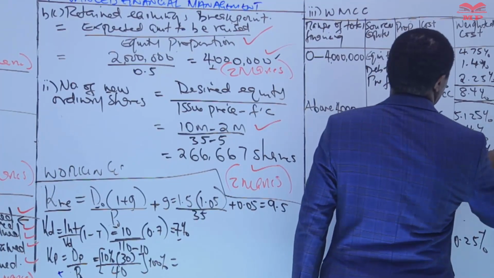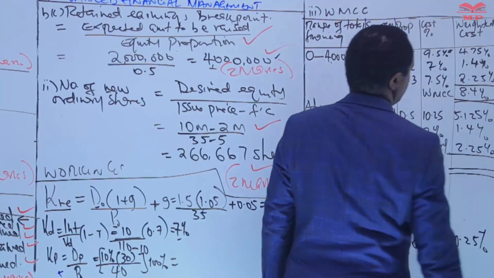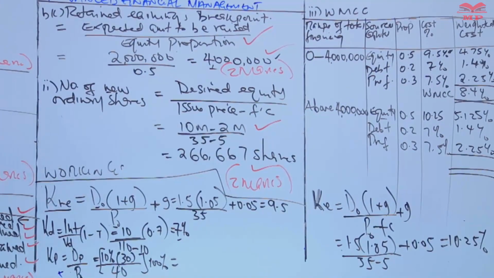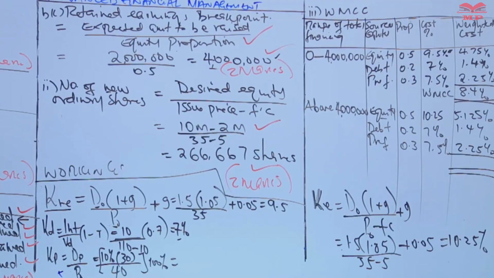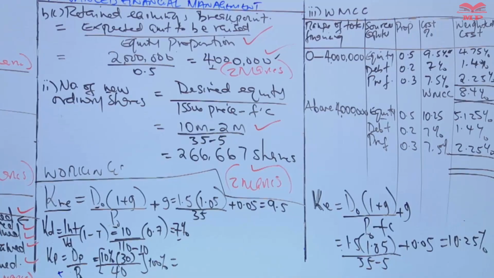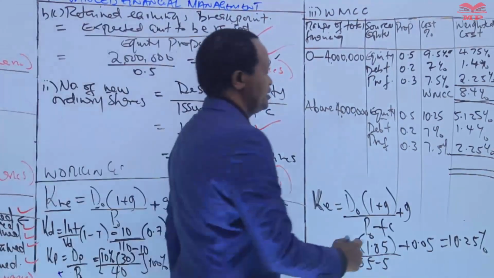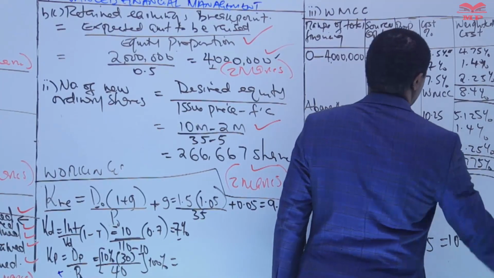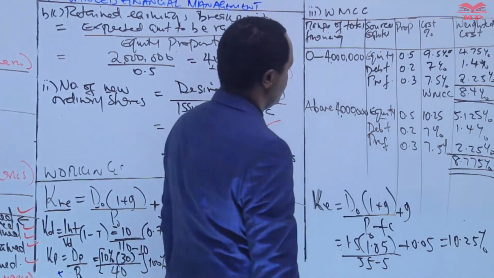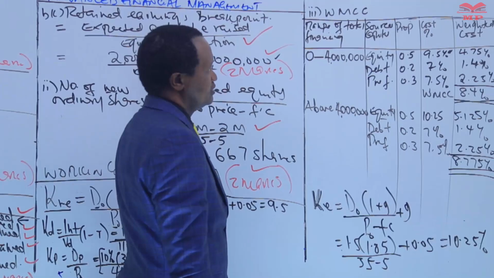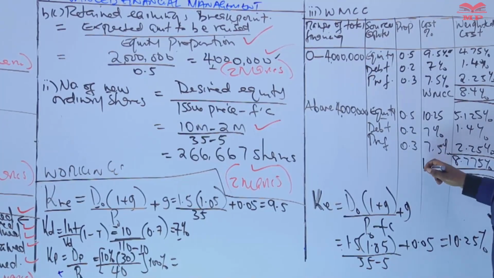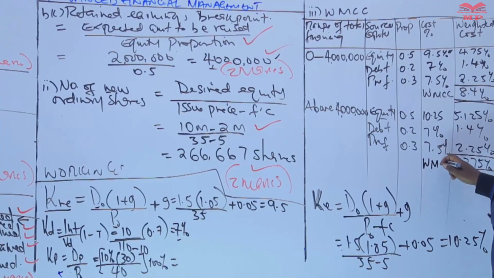The total is 8.775%. 8.775 is the weighted average cost, the weighted average marginal cost.